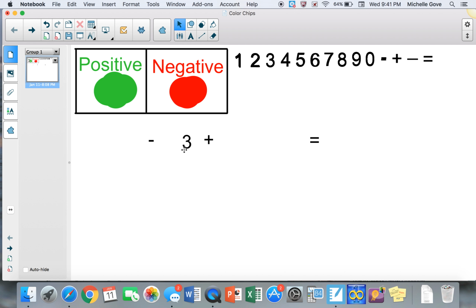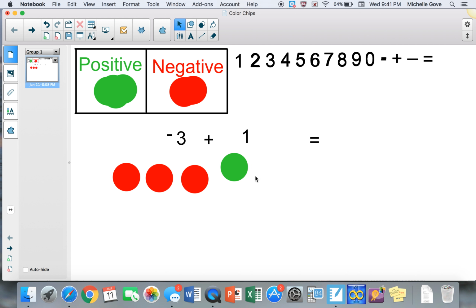-3 plus 1. Now we have the negative number first, but it won't change any of our process. We're still going to start, so I have 3 negatives or 3 reds. Now I have 1 positive or 1 green.